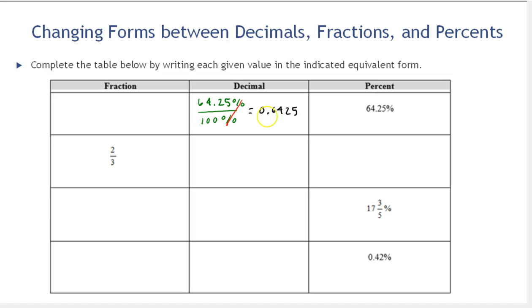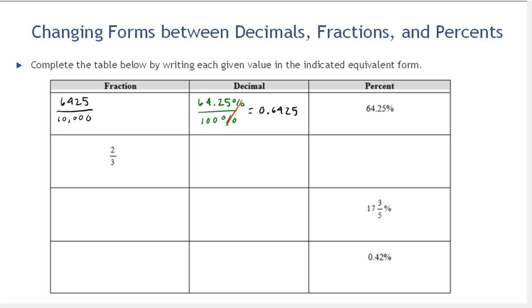Now let's write this as a fraction. I think it's easier to use this value as a fraction. So we're going to write 6,425 as our numerator, and this last place value, it's tenths, hundredths, thousandths, ten-thousandths, so over 10,000.